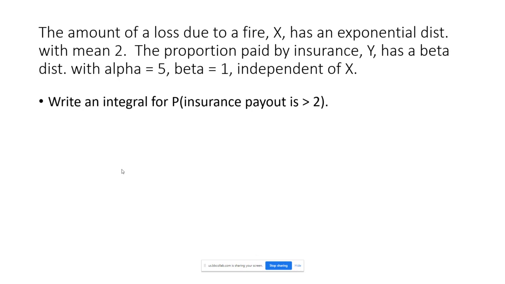And we want to write an integral for the probability that the insurance payout in dollars is greater than 2. So give this a try, and then we'll talk about it.